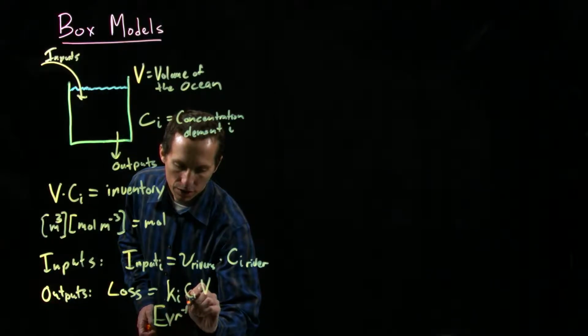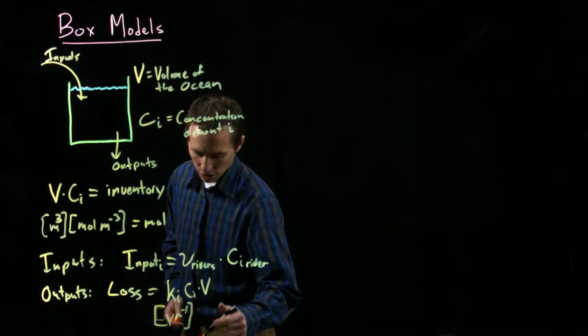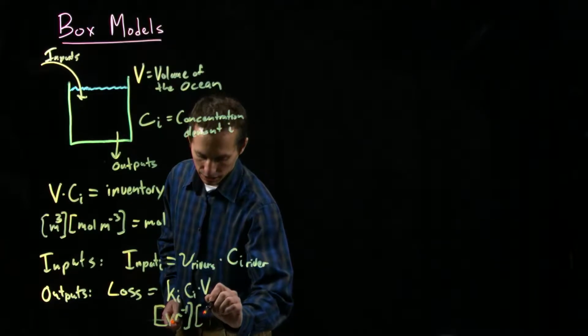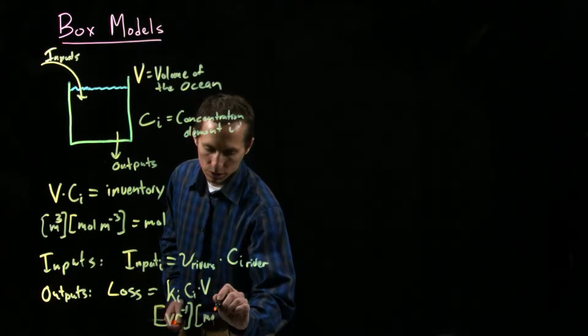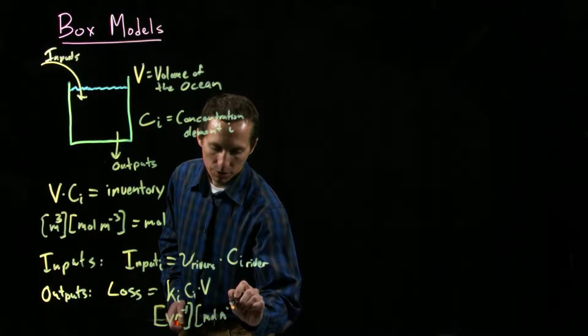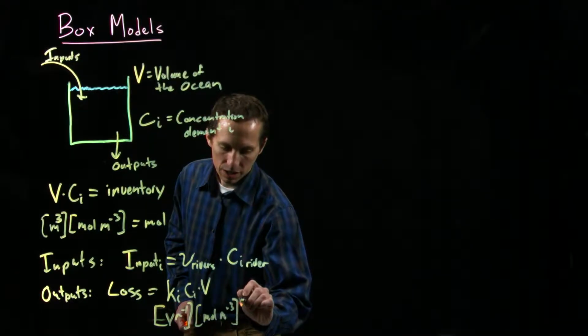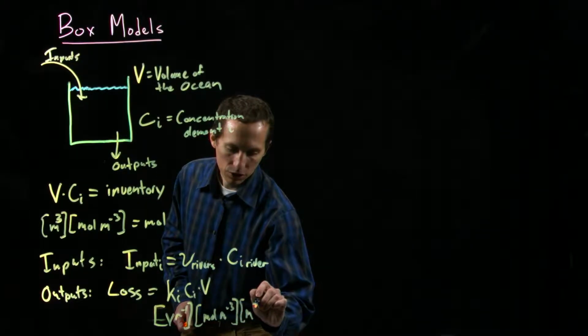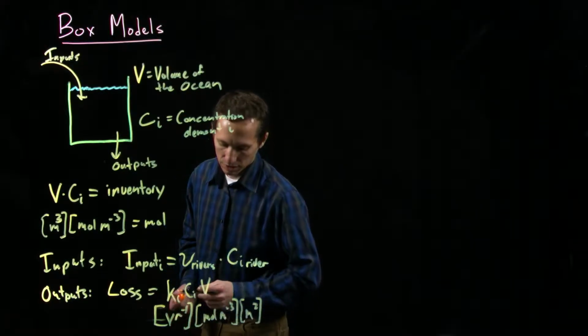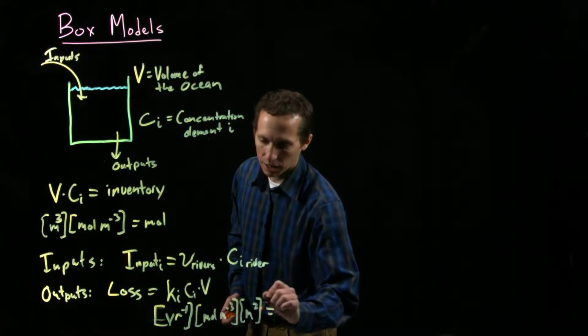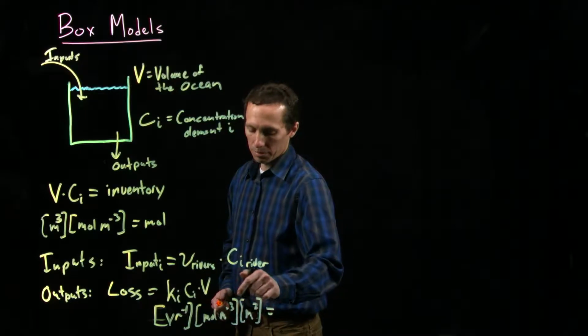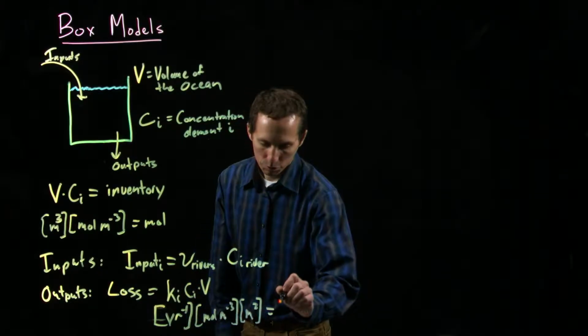And then we know, of course, that C is in moles per meter cubed, and V is in, again, cubic meters. And so this comes out to be moles per year.